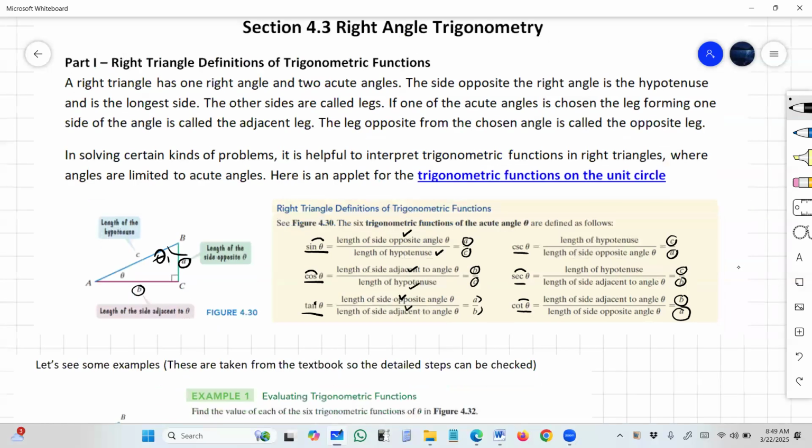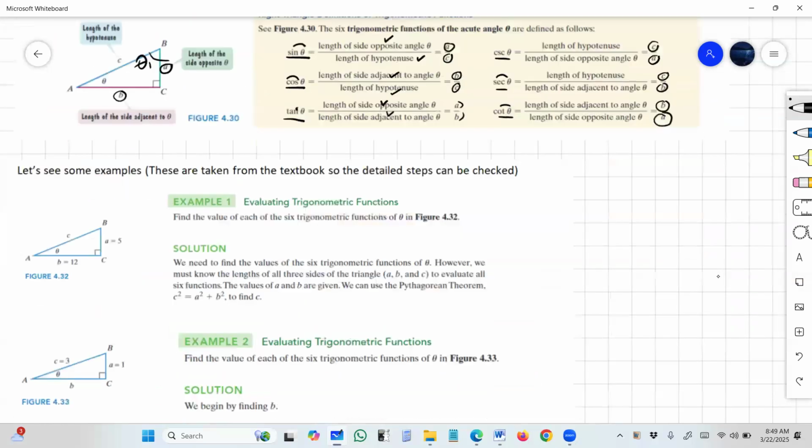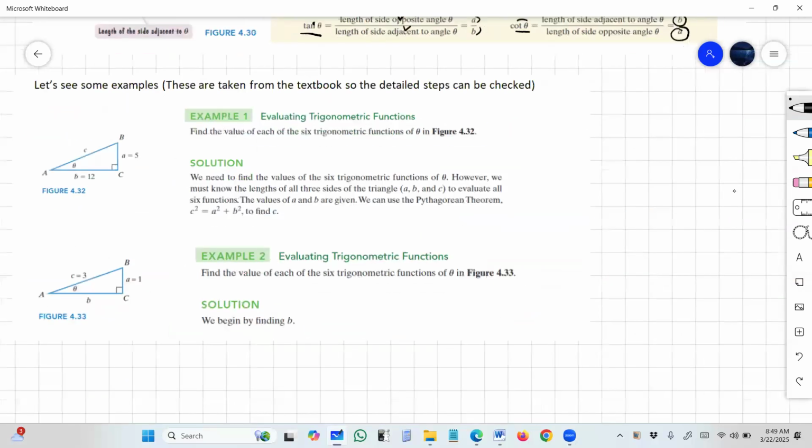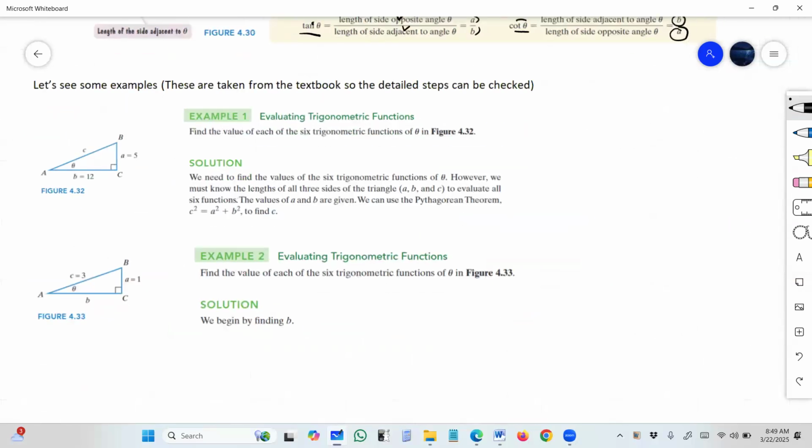Okay, so now let's take a look at these. These are the only questions that we are going to ask you related to these right trigonometric functions. We'll give you a triangle. In both cases, we have to give you two values. And they could be the sides, right? So let's say that this is theta.